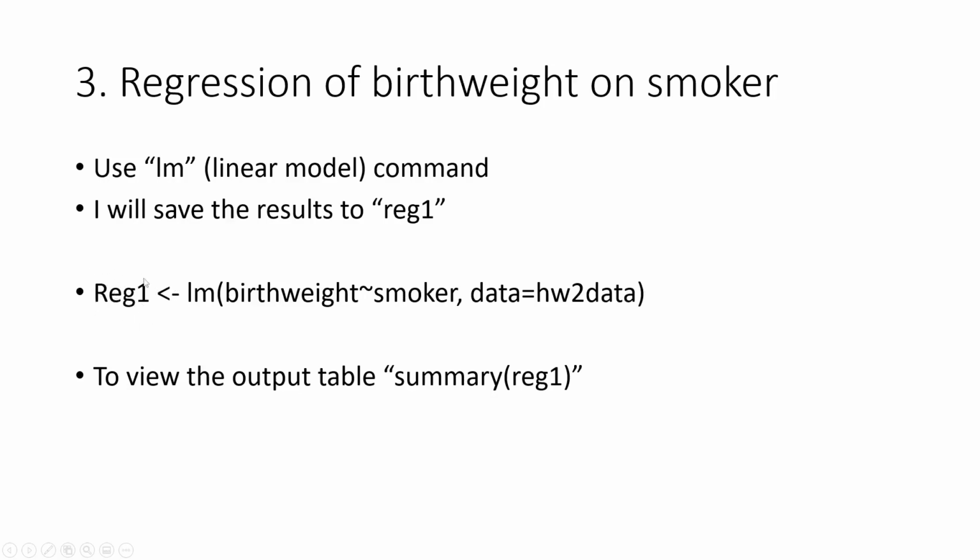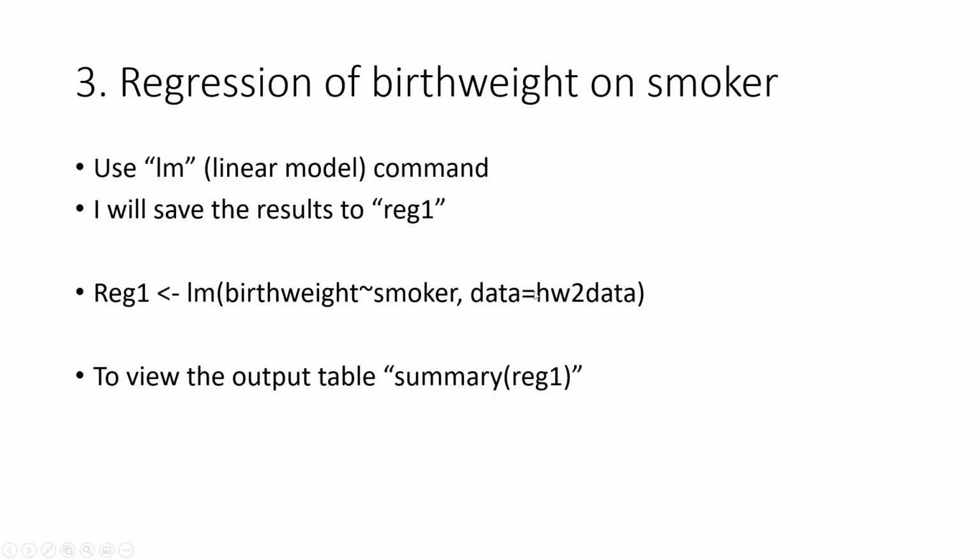This is the name of the regression output. You may change the name. I chose reg1 and the arrow. So we assign this into reg1, right? And then the lm command. Here you have to specify the dependent variable on the left of the tilde, and on the right side of the tilde, you have to include regressors. In our case, we simply include birth weight on smoker, and then you specify data separately.